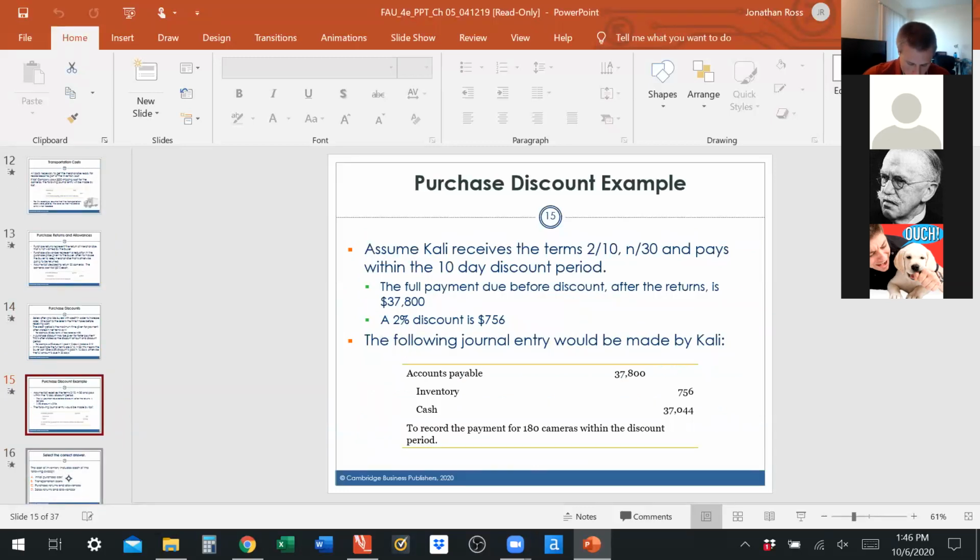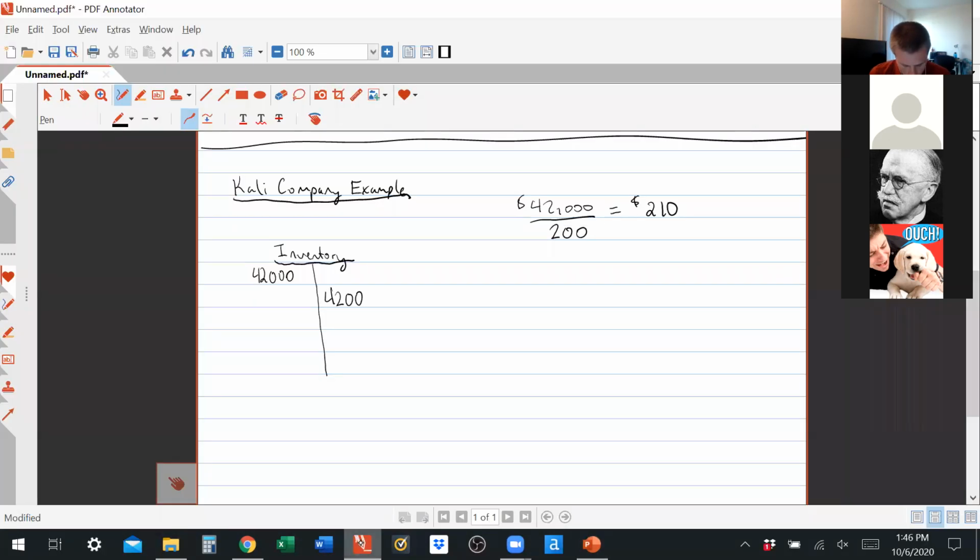So assume Callie receives the terms 2/10, N/30, and assume they do pay within the 10-day discount period. So how much do they owe? I guess we do need to keep track of accounts payable to make this make more sense.